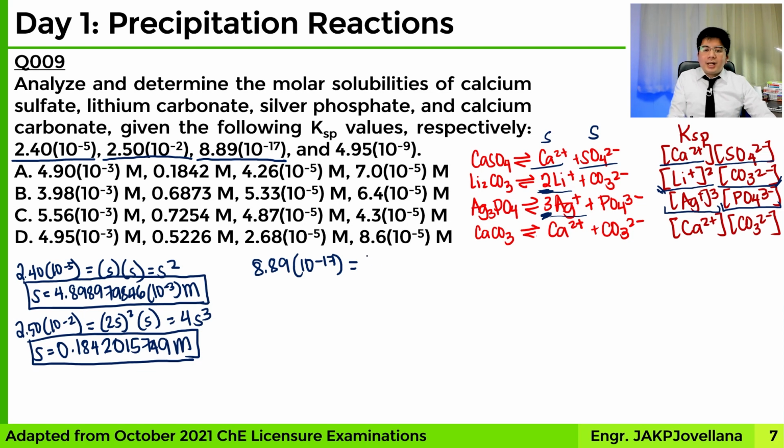So we can express 3S cubed times S. So this is equal to 27 S to the 4th power. So 8.89 times 10 to the minus 17 is equal to 27 S to the 4th power. So we can calculate for S. So the molar solubility of silver phosphate is around 4.2597 times 10 to the minus 5 molar.